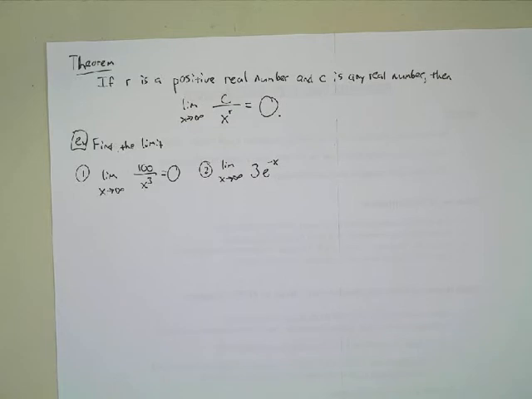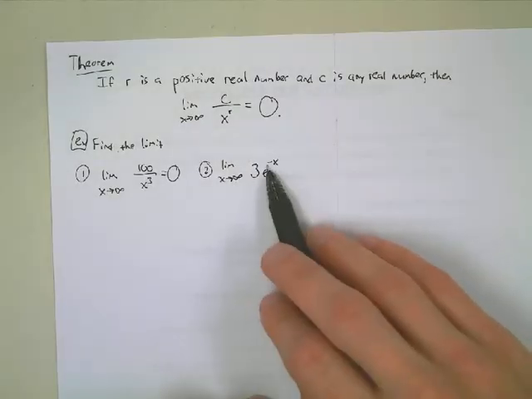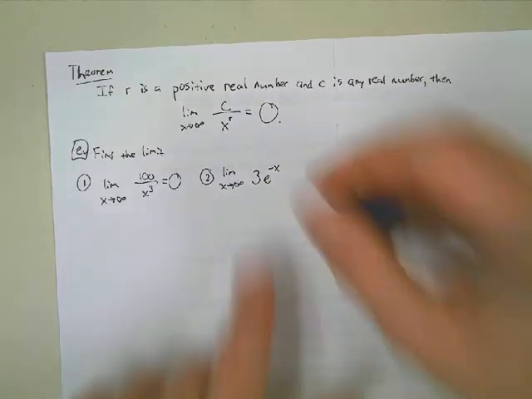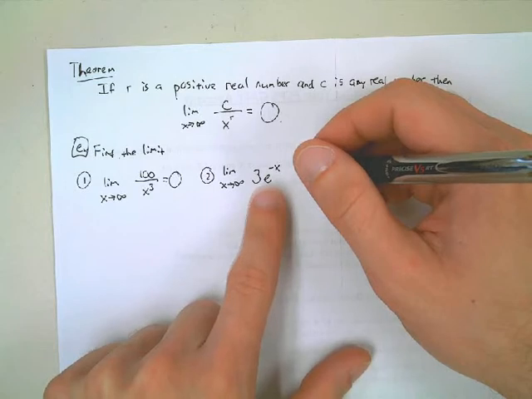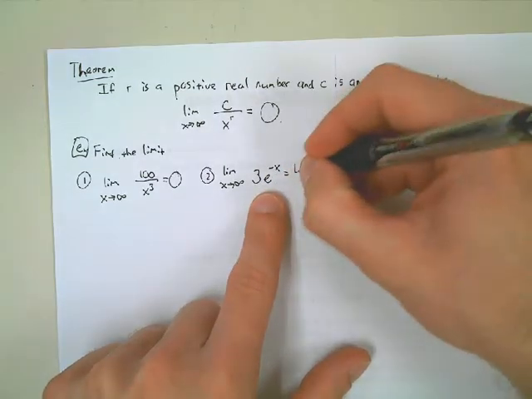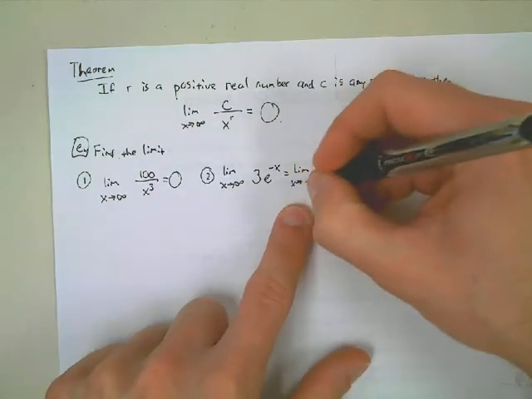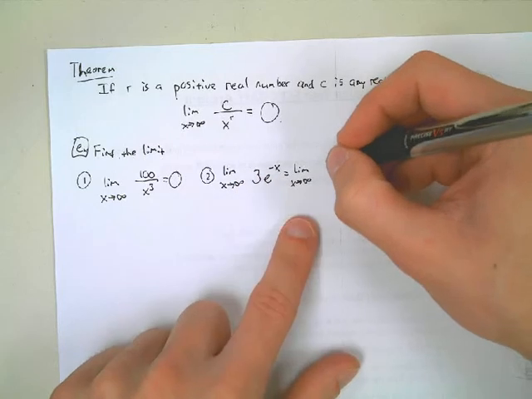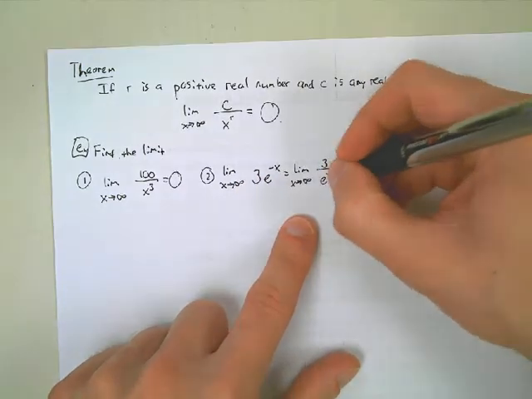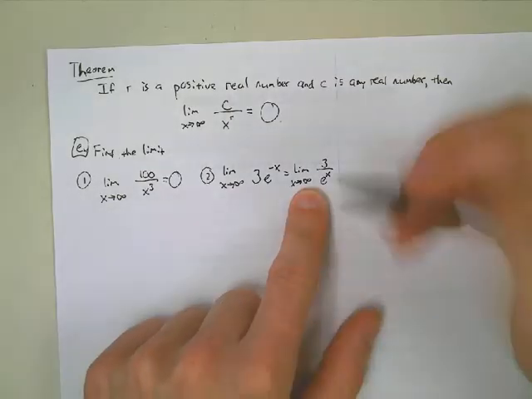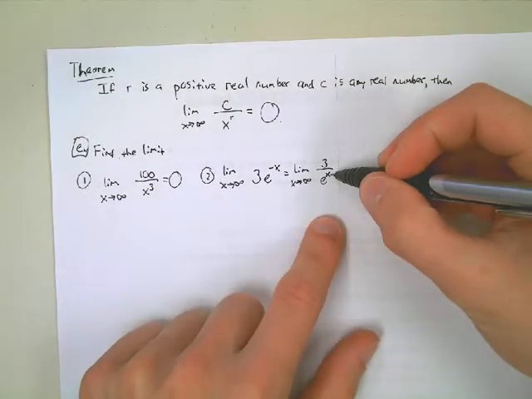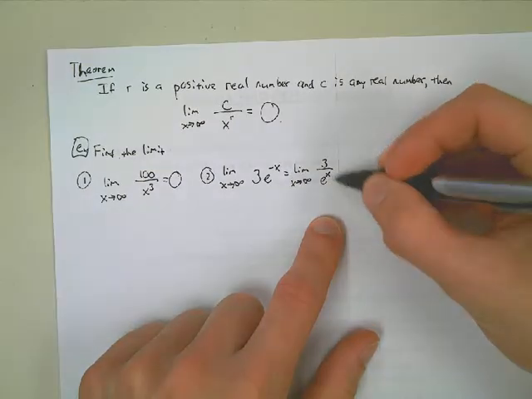Because we imagine direct substituting in here and it'd be negative infinity. But e with a negative exponent, what does that mean? It goes to the denominator, right? When you have a negative exponent, this can be rewritten as 3 over e to the positive x. If you imagine plugging infinity in here for x, what's going to happen to the value of our denominator? It's going to get really, really, really big.